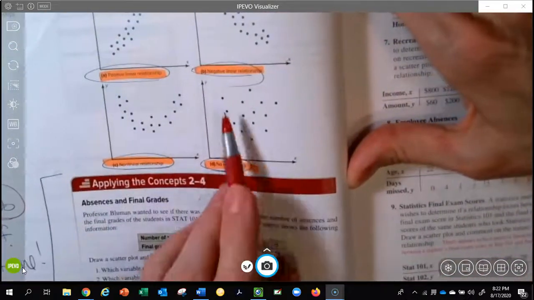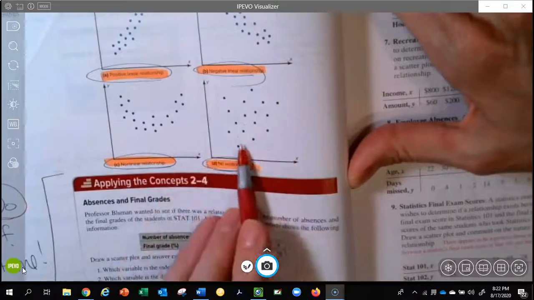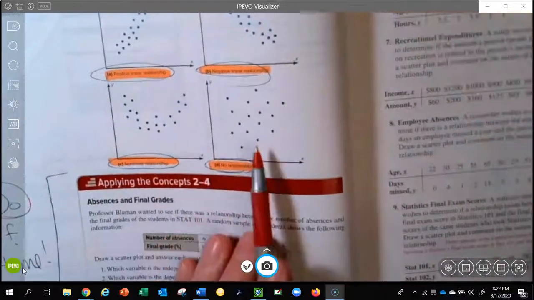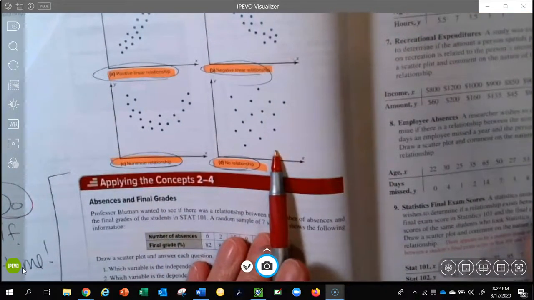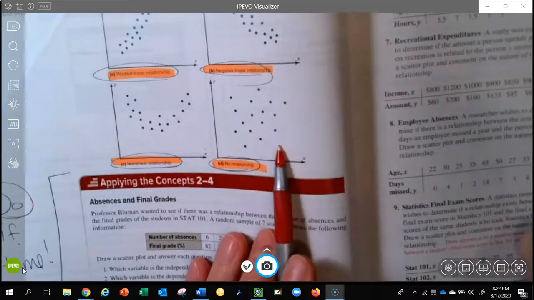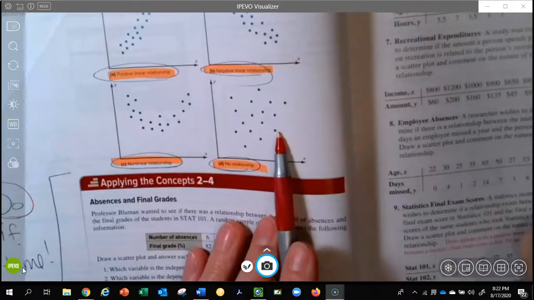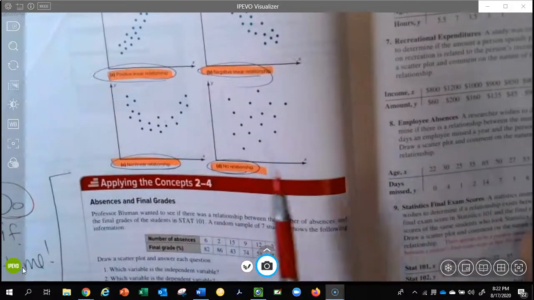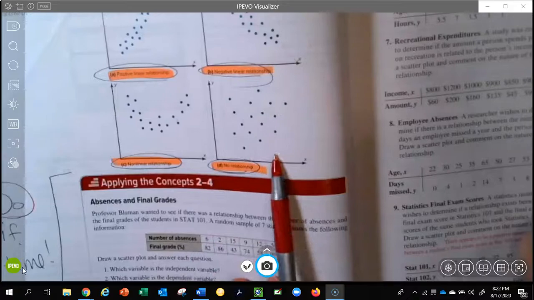I'm going to go ahead and jump to this one. This one, you can look at it and say, I don't see anything going on. We will put some numbers of correlation on these later, and we will talk about zeros and negative ones and ones. But for right now, this doesn't look like it's doing anything. These look pretty organized.